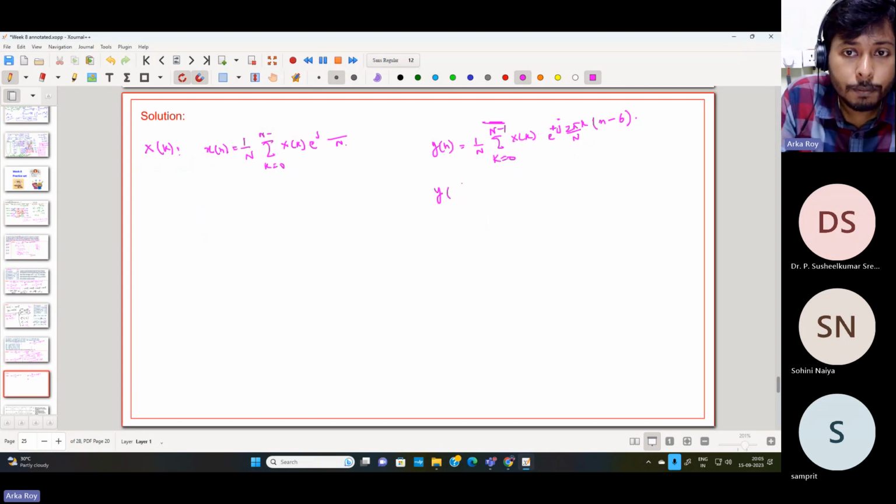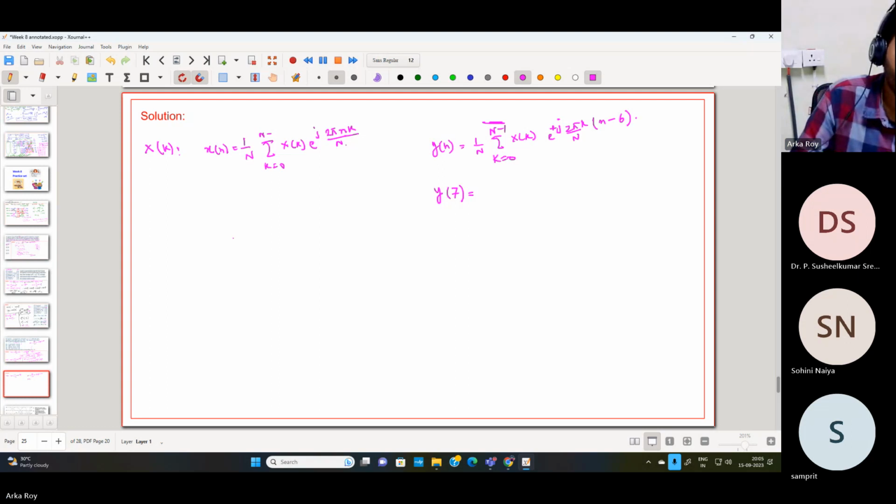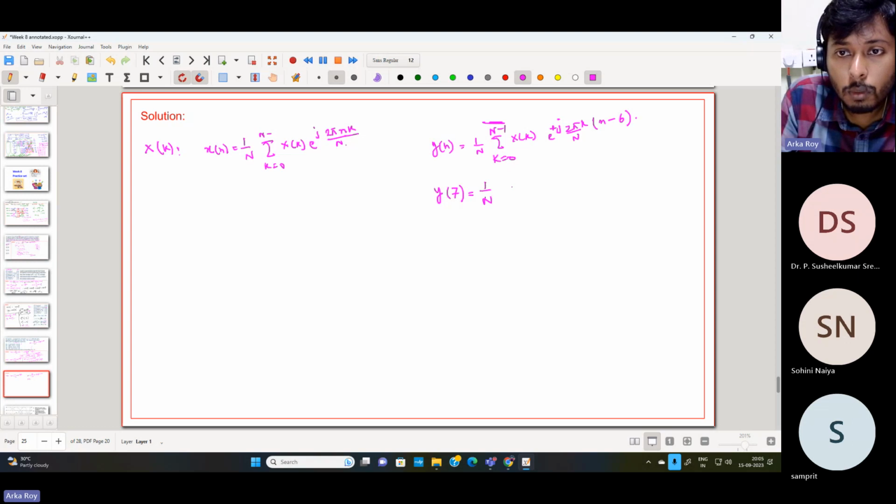If I take, let's say, y[7], so here it is j 2 pi nk over here. So this is 1 upon N and it would be x[k] e to the power j 2 pi k, multiplied with n minus 6 over here.